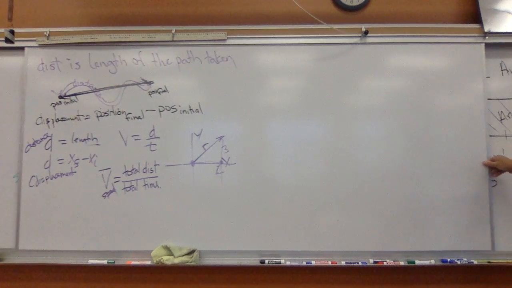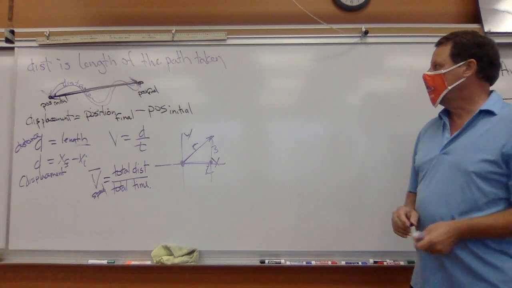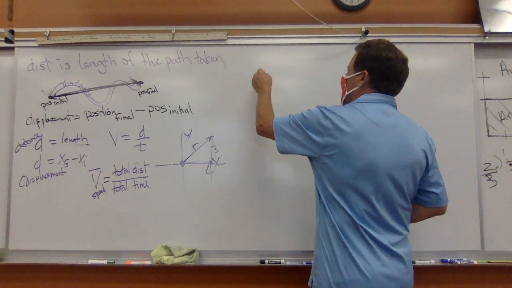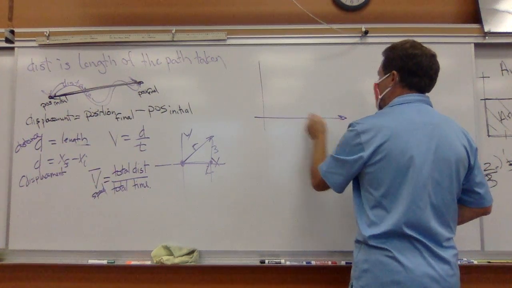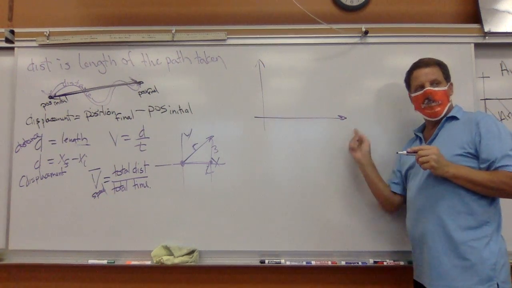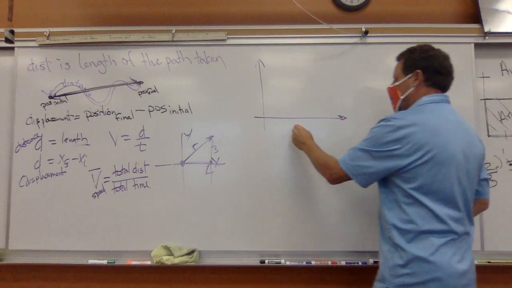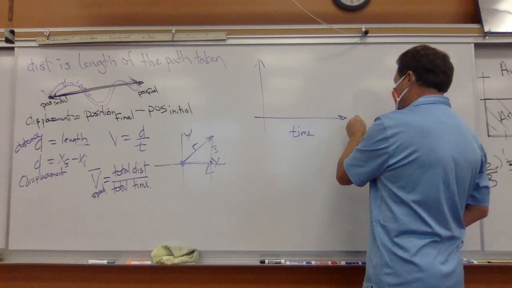All right, so let's talk about this a little bit more here. We're going to set up a graph, okay? And along the horizontal axis, we're going to say that this is equal to time, okay?